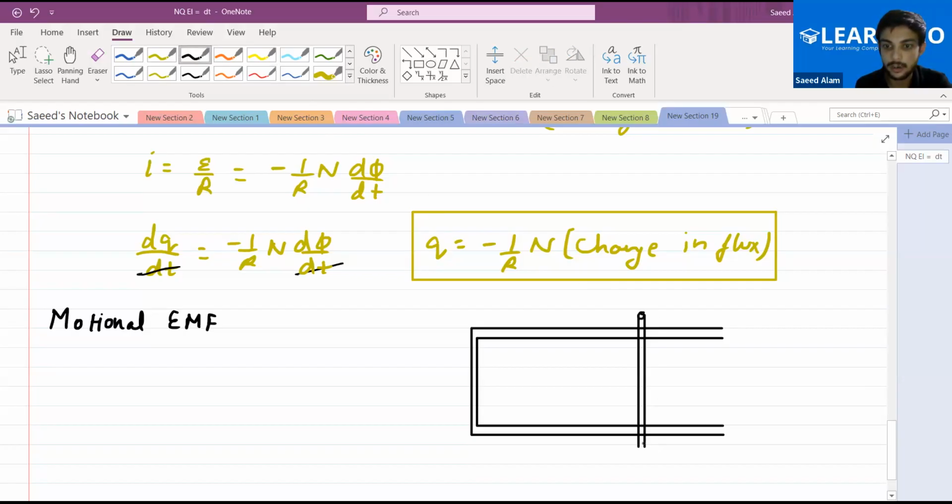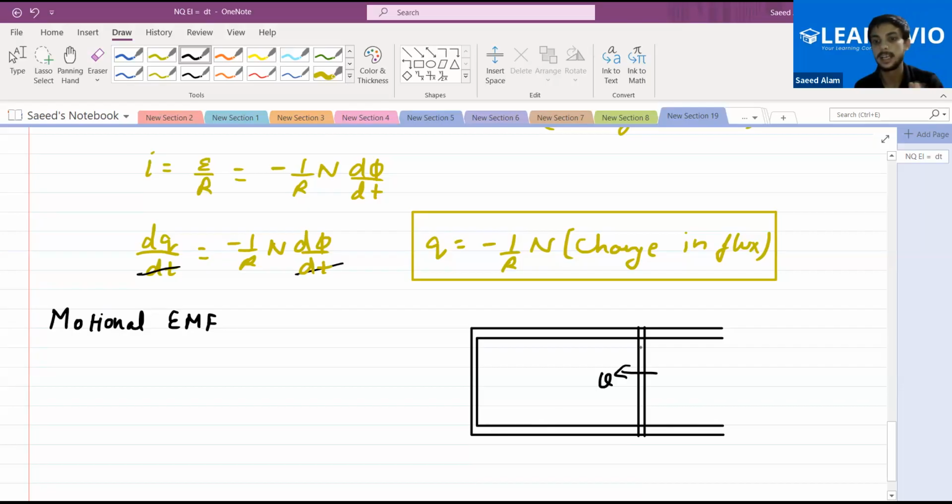Let me make the rod a little more precisely. This is the rod that we had kept here. And the next thing that I'm marking is that this is moving with the velocity v here.